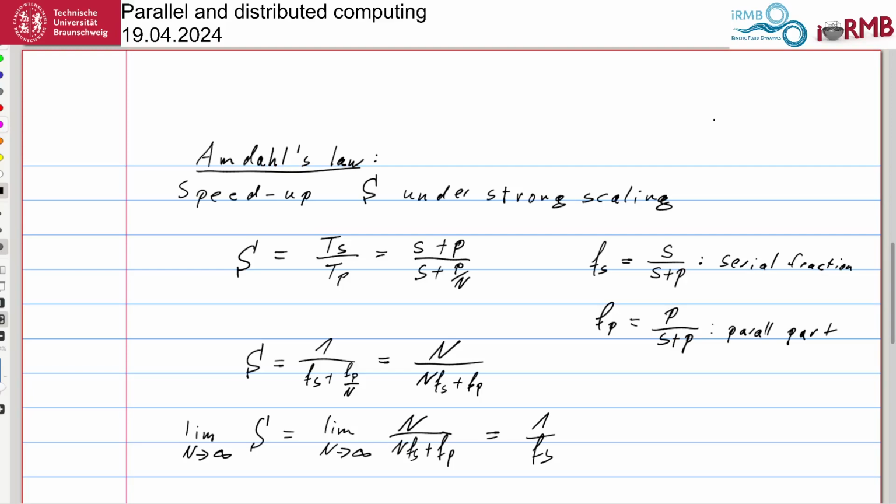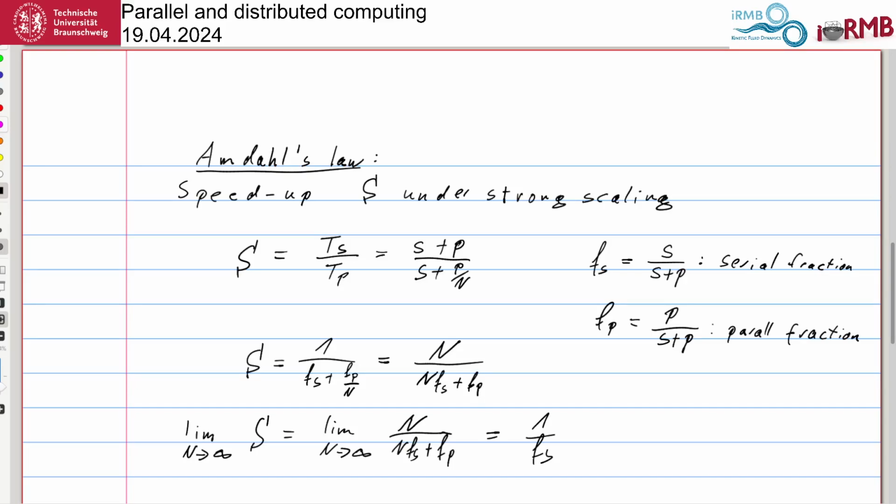Is this limit, the speedup, larger or smaller than 1? It's larger, because fs is a fraction, just a part of the program.